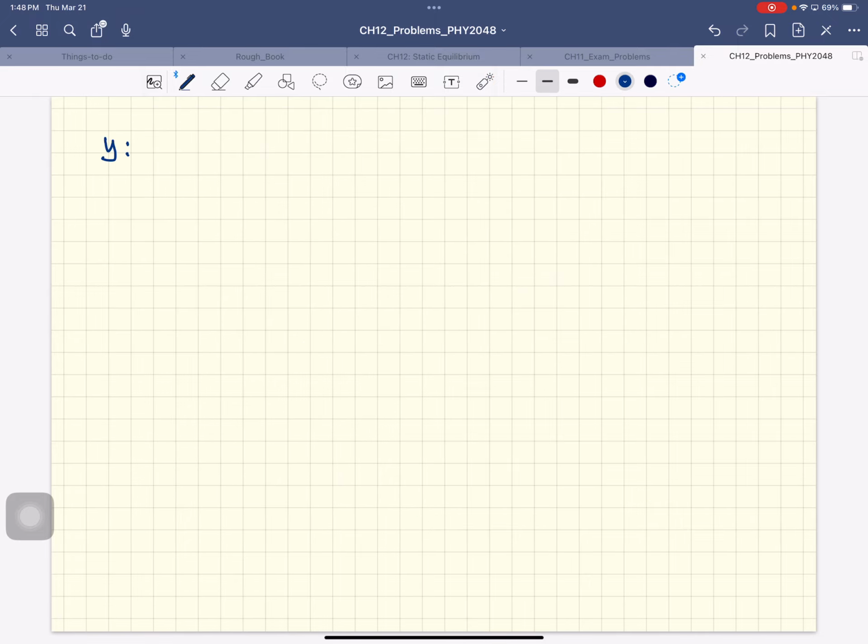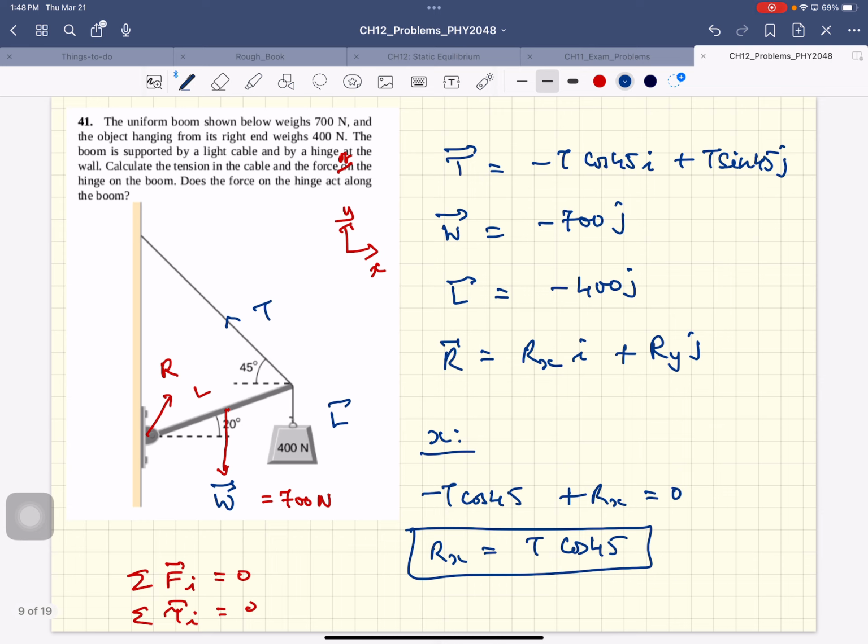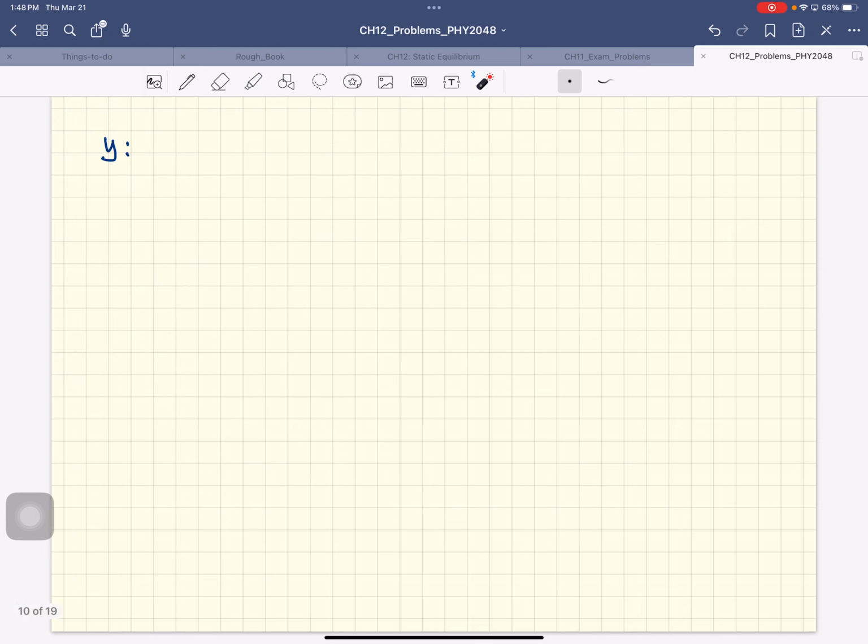The y components: this y component and that y component minus these two. So T sine 45 plus Ry minus 700 minus 400 equal to 0.